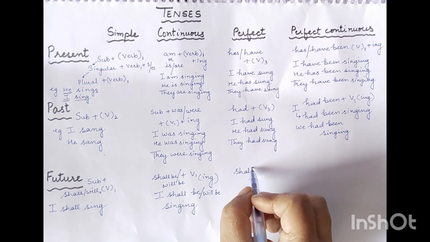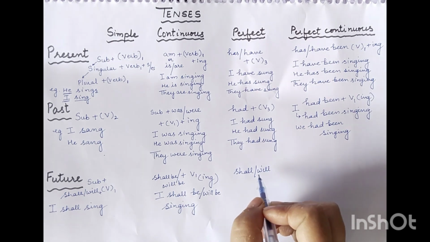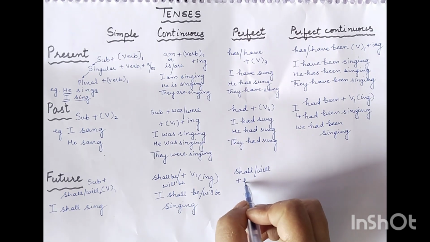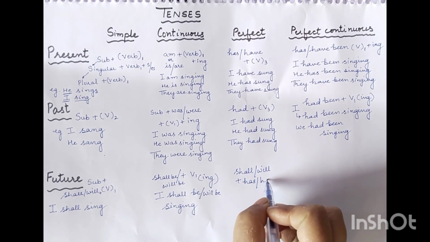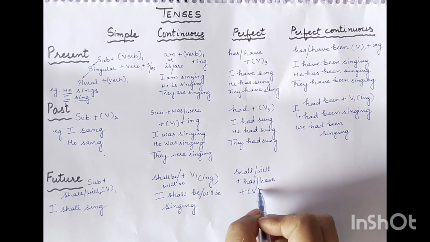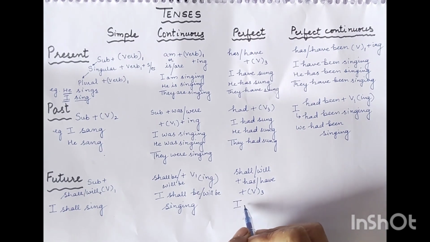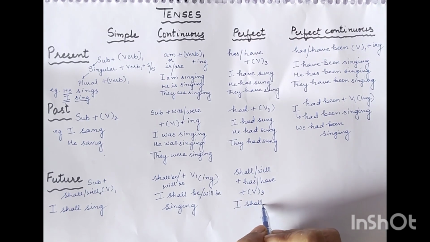Now next, future perfect. In future perfect tense, shall or will plus has or have plus third form of verb. Same like present perfect.